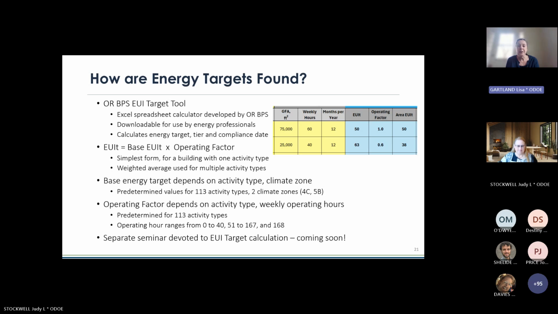And the operating factor also depends on your activity type, but it also depends on the operating hours that you have for your building. So you'll figure out your weekly operating hours. We have some guidelines for how to do that. And those factors are determined for the 113 activity types. There are 3 ranges of operating hours: 0 to 40, 51 to 167, and 168, which is really a building that operates 24/7.